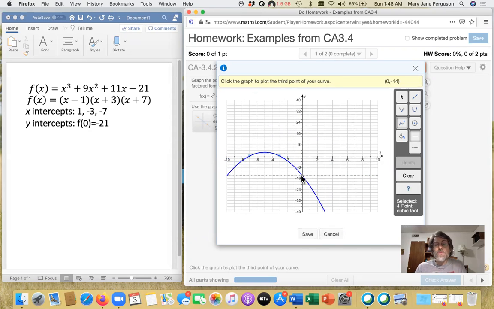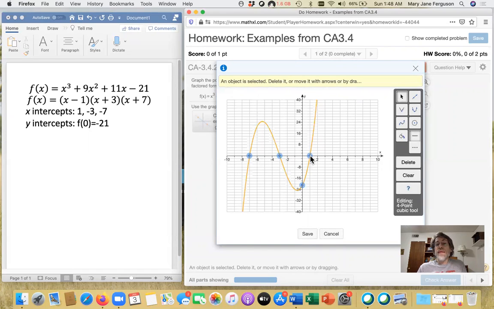The next point I'd come to would be the y-intercept, and that's 18, 20, 21, right there. And then finally, there's one more point, and you can see how this just bends directly to the shape at an x-intercept of 1. And it's now happy because you have graphed 4 points.